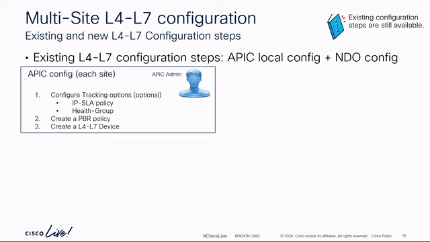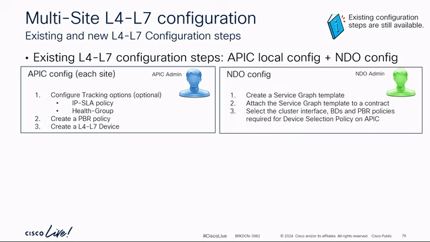The original intention was that each site might have different physical connectivity and so on, so it might make sense to let the local APIC admin configure where it's connected. And then the NDO admin is going to take care of policy, contract, EPG stretch, and so on.